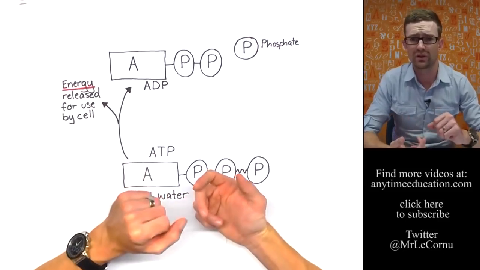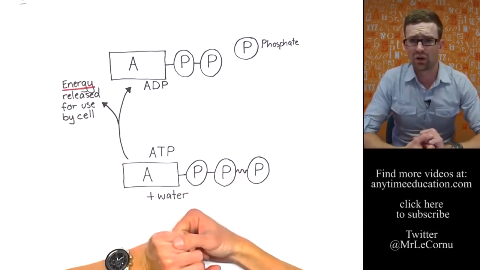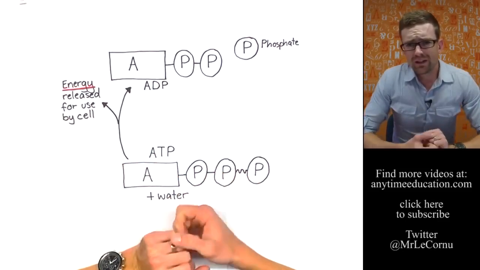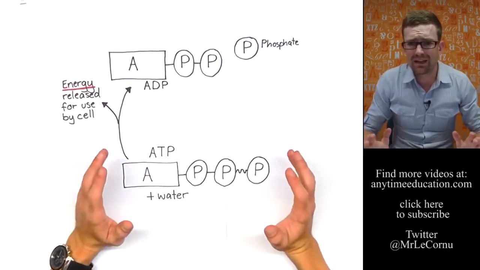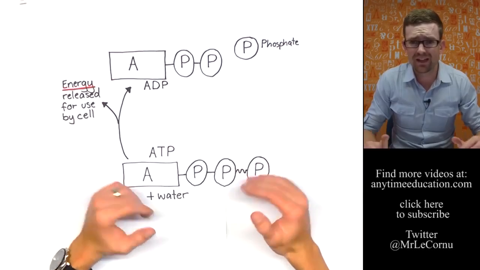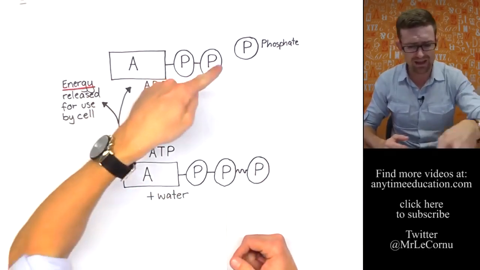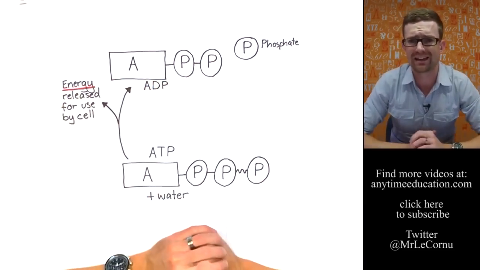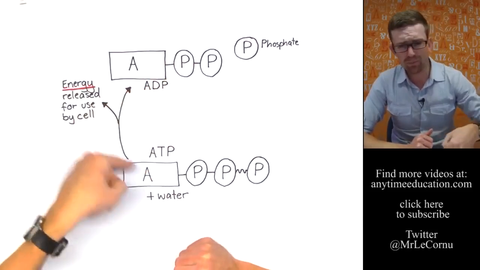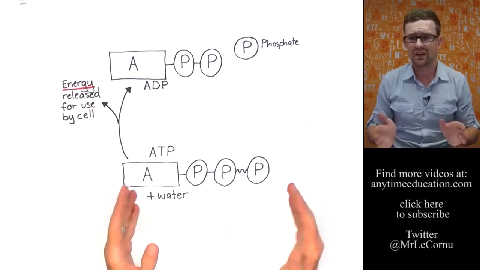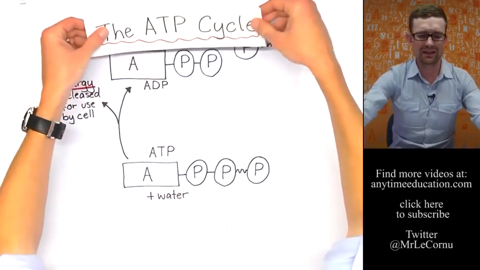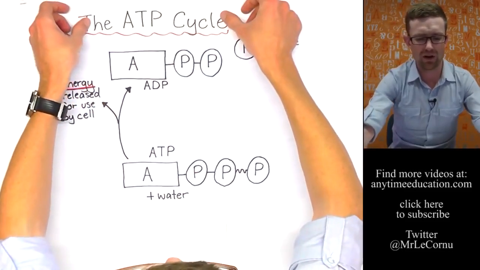Synthesis, movement, active transport, all those sorts of things. Here's the catch. Cells need ATP continuously. They always require ATP to break it down to ADP. But if that process was a one-way process, we're going to run out. And that's why we need the ATP cycle.